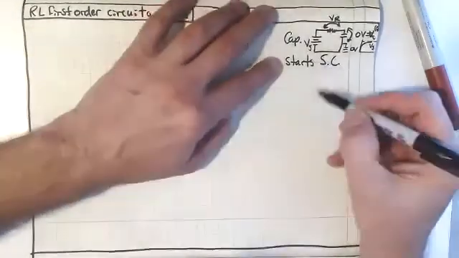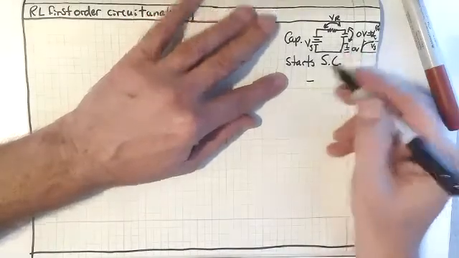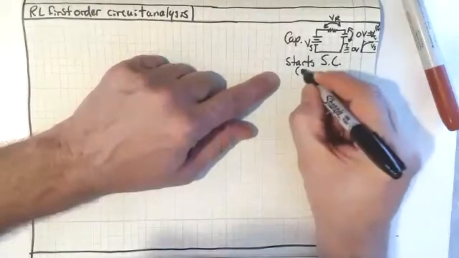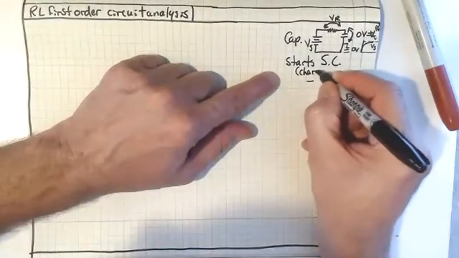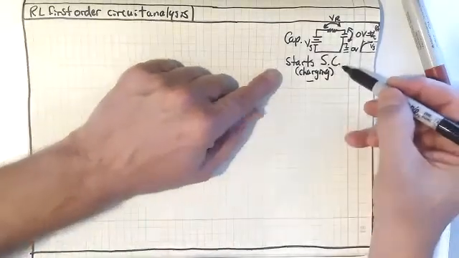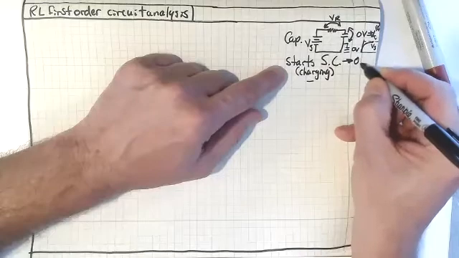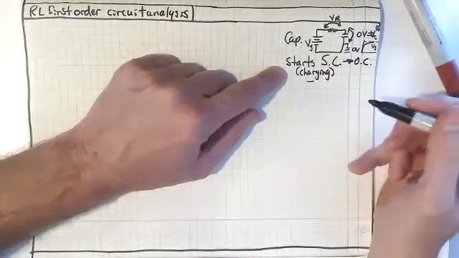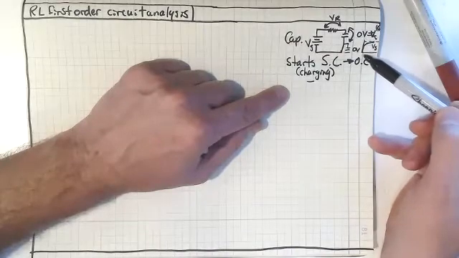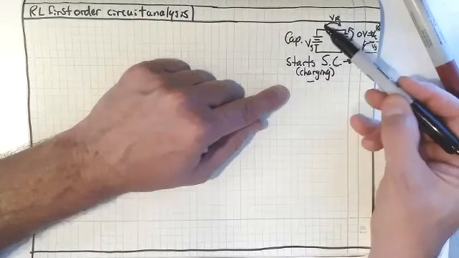Now, that's, of course, charging. It starts as a short circuit, and then it goes to an open circuit. So we would see that the voltage across the capacitor starts at 0 and goes up to V sub S. What's the voltage across the resistor?